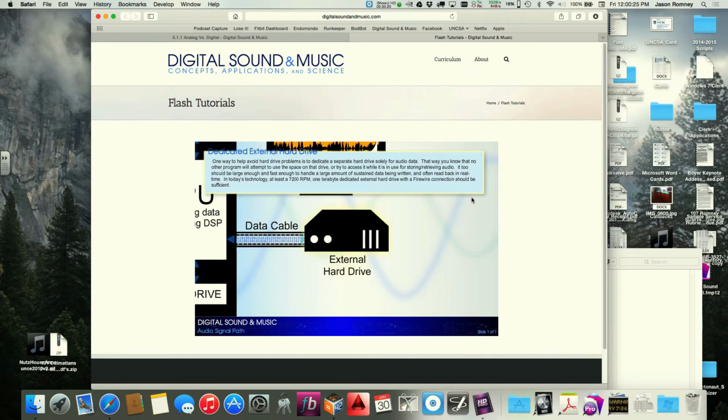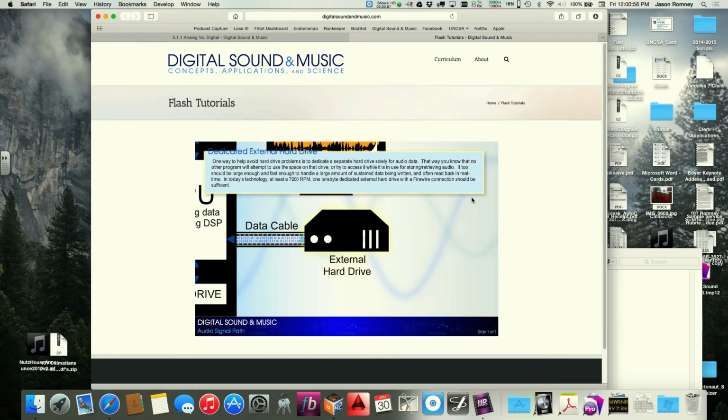USB devices don't get hardware IDs. The USB bus gets a hardware ID, and then it relays information between the computer and the device. So you can have 20 USB devices connected to a computer, but ultimately the CPU only really talks to the single USB bus. So there's overhead there. There's CPU overhead involved, so the CPU has to run that bus, and that's extra cycles the CPU has to spend to handle that.